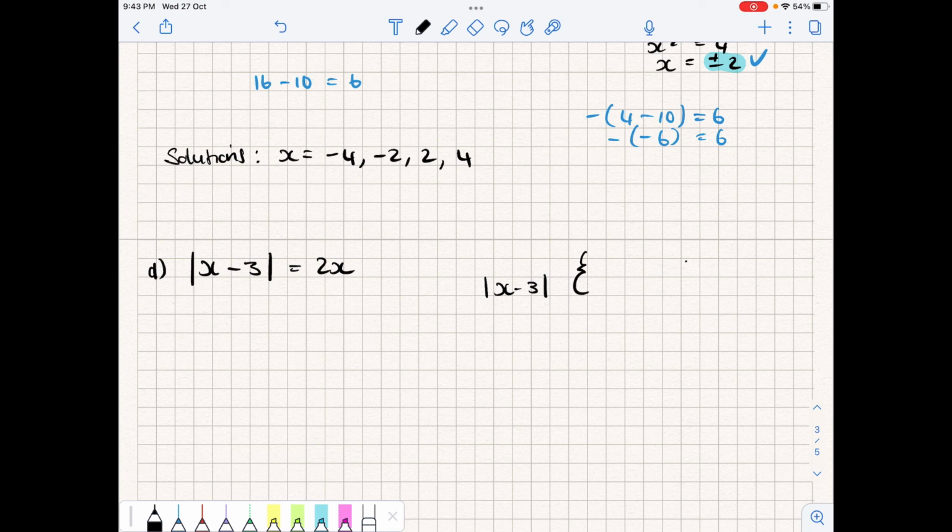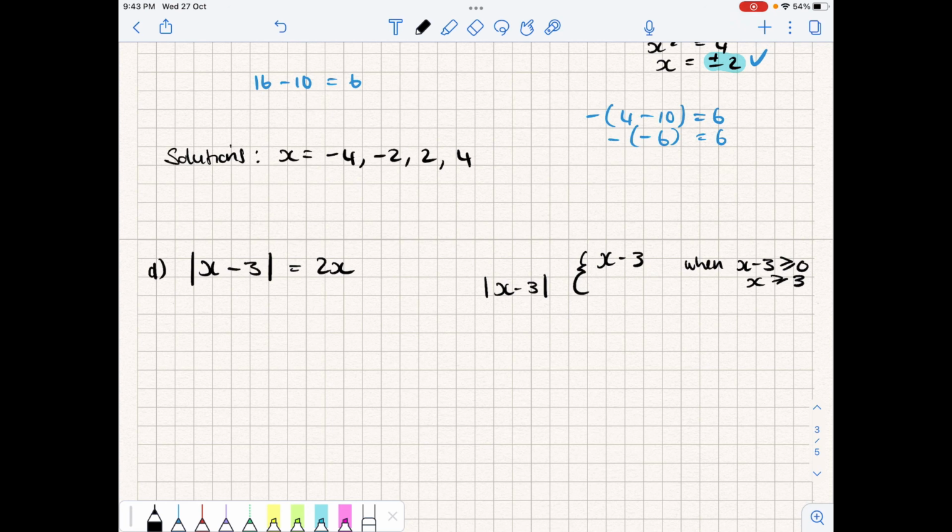When x minus 3 is greater than or equal to 0, that means x minus 3 is positive, and so it remains x minus 3. Solving this inequality, that happens when x is greater than or equal to 3. So we need a value of x greater than 3 for this to be positive.